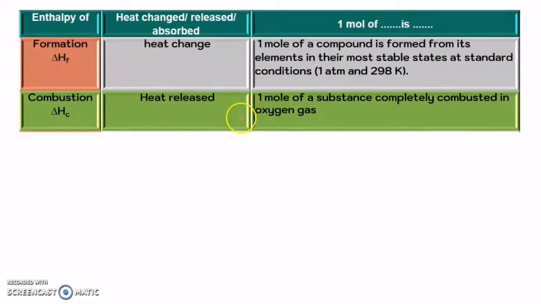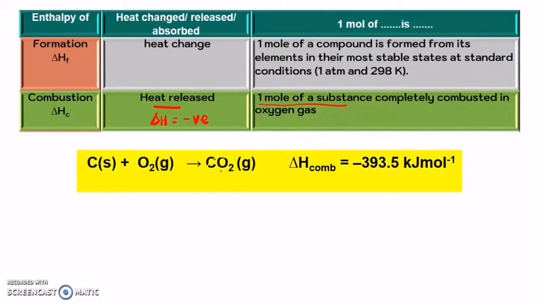Next, we will go to enthalpy of combustion. It is heat release. Heat release here means enthalpy, or delta H, is negative when 1 mole of substance is completely combusted in oxygen gas. In other words, oxygen gas is in excess. This is an example of a thermochemical equation for combustion.